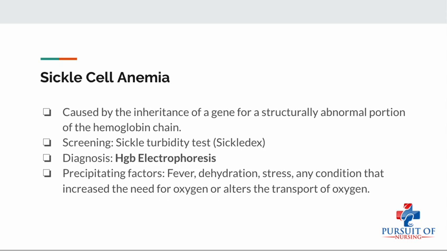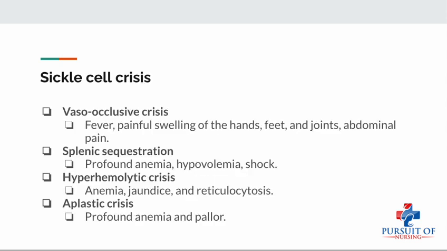Also, any patient that comes in with a sickle cell crisis, you want to monitor for signs of complication, which would be anemia, decreased perfusion, and of course shock. And then for patients with sickle cell anemia that experience recurrent splenic sequestration, which we'll get into, a splenectomy may be necessary. So a sickle cell crisis, you have several different types.